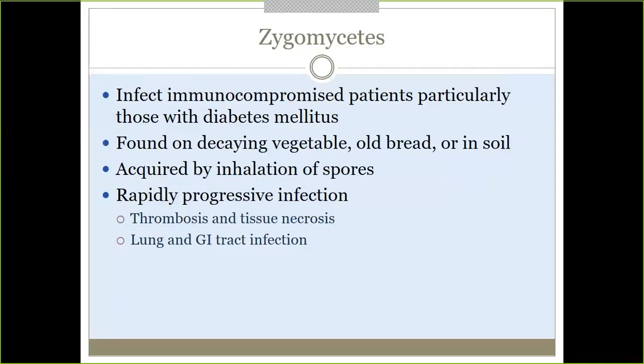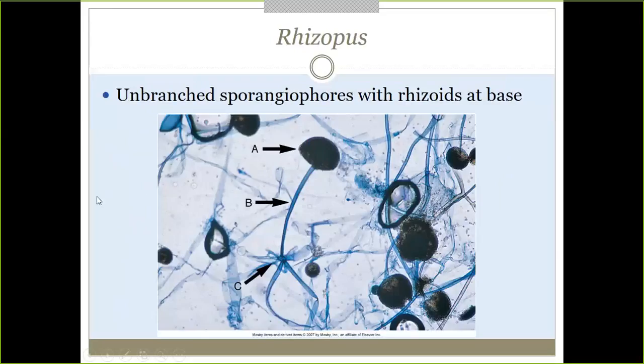It's typically immunocompromised. And again, we're typically getting them by inhaling the spores. So in this case, zygomycetes, again, infects immunocompromised. It can be found throughout the environment, inhale the spores, and it can become quite progressive. It will go not only just to the lungs when you inhale it, but into your GI tract and so on.